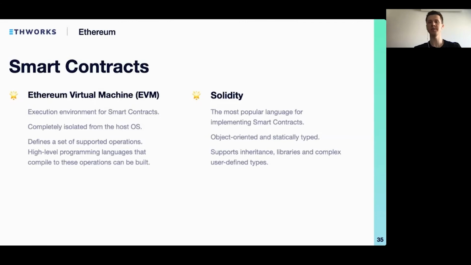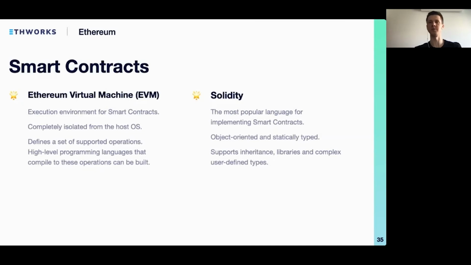Its syntax looks very similar to JavaScript, Java or C++. So learning it is really not so difficult because the syntax is familiar.